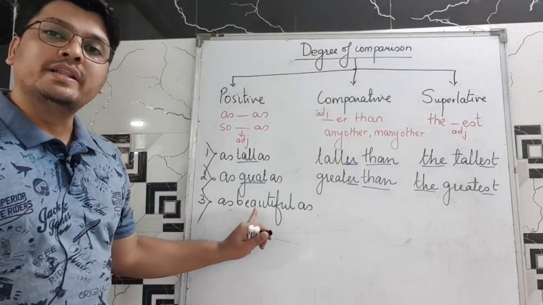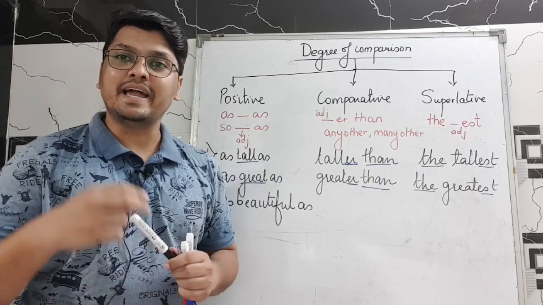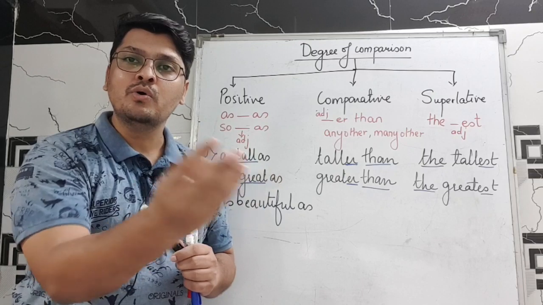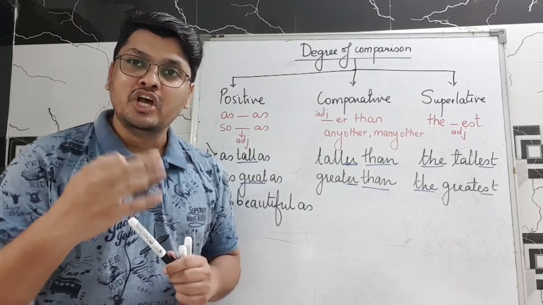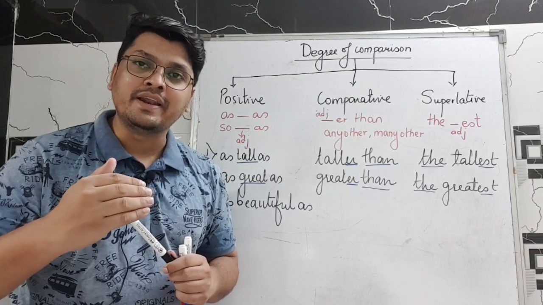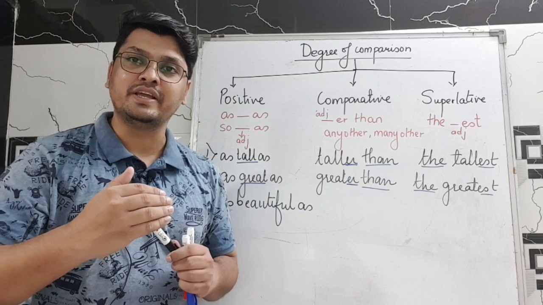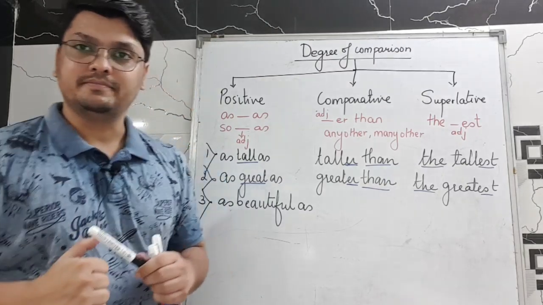So you can see, student, this adjective, beautiful, has three syllables. So such degrees do not change into er and est.